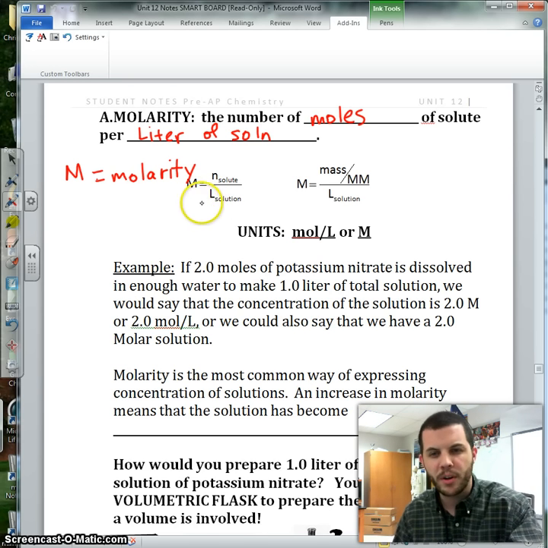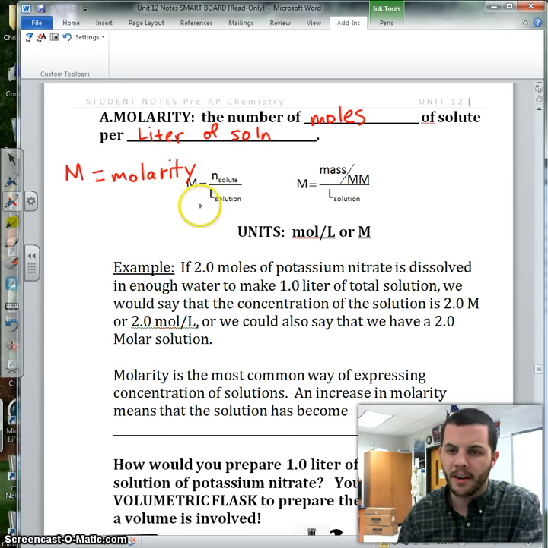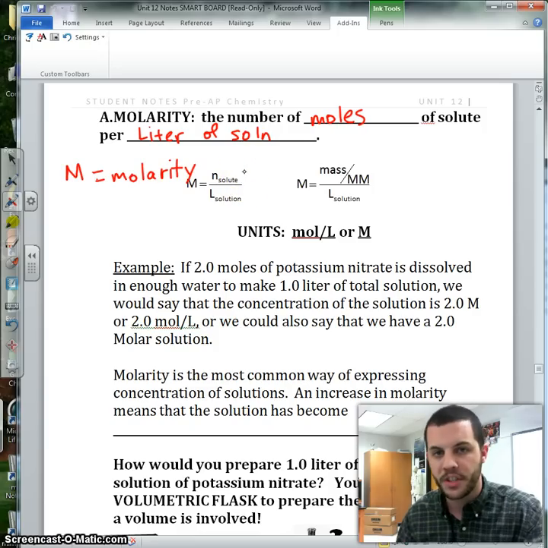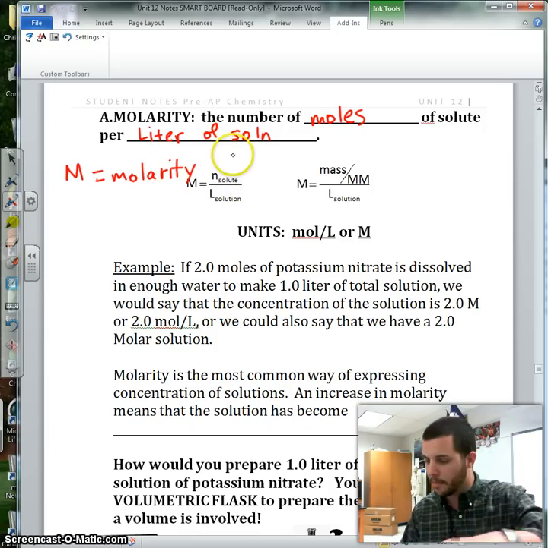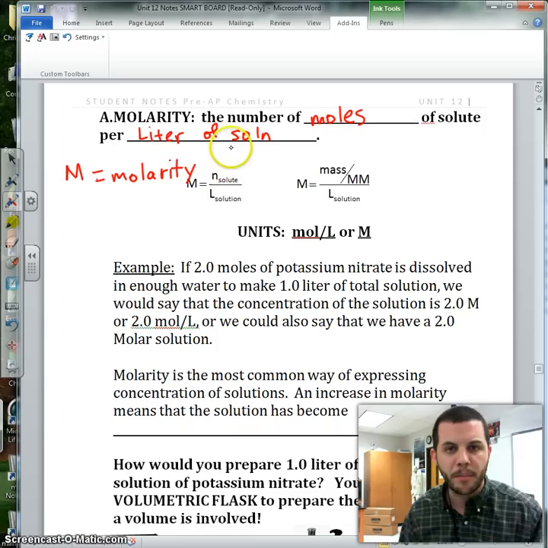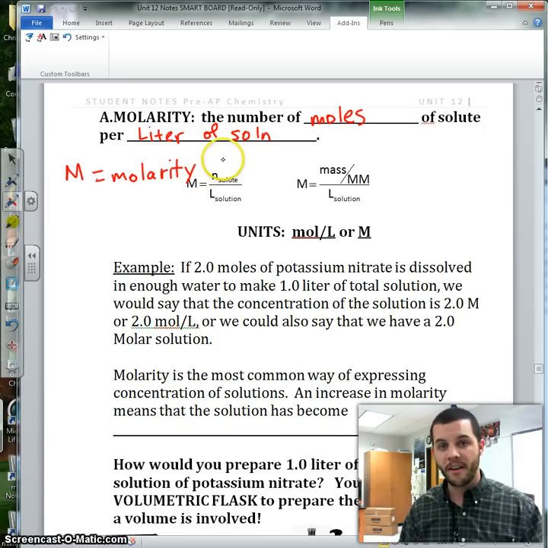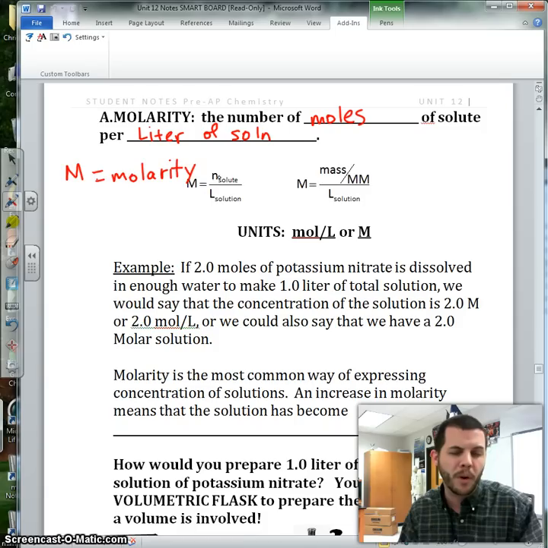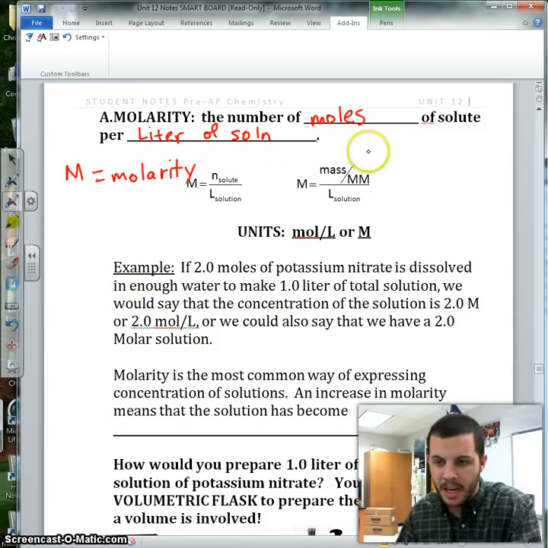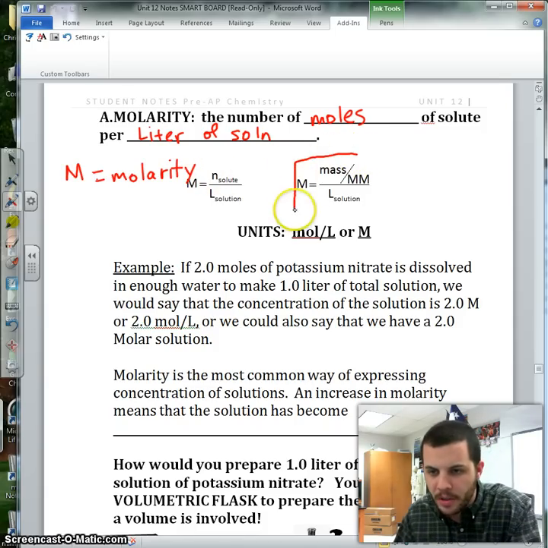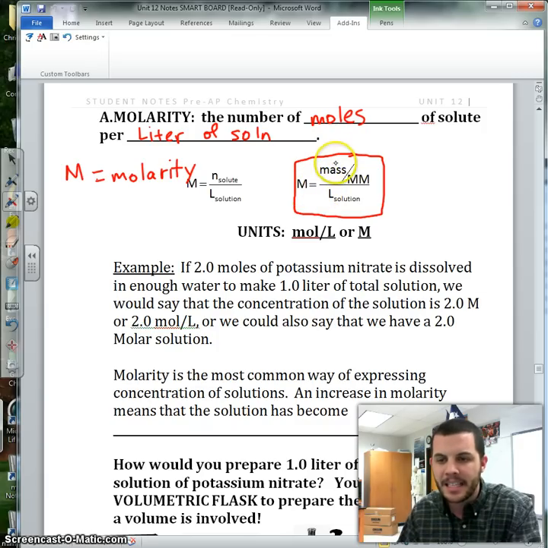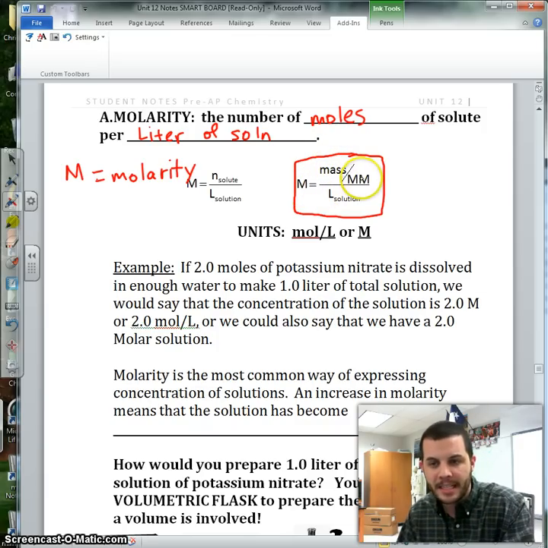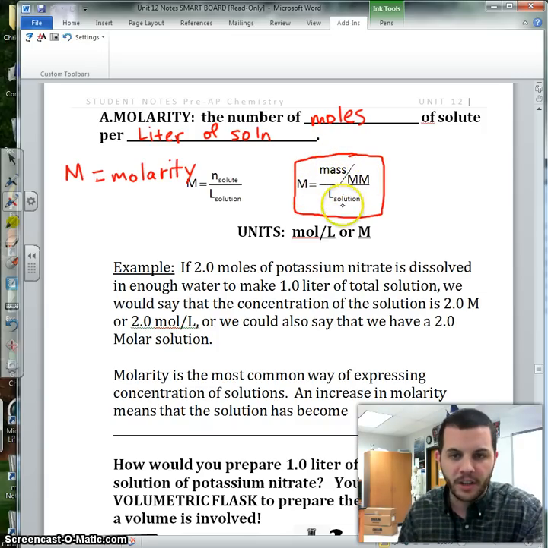Now, if y'all remember from previous units, we don't very often give you the number of moles of a solution. I don't have a magic machine that tells you how many moles it is. I do have a machine, however, that can tell me the amount of grams that I have. So what we're going to give you most often is the grams. So for the most part, you're going to be using this formula right here, where molarity equals the mass divided by the molar mass divided by the liters of solution.